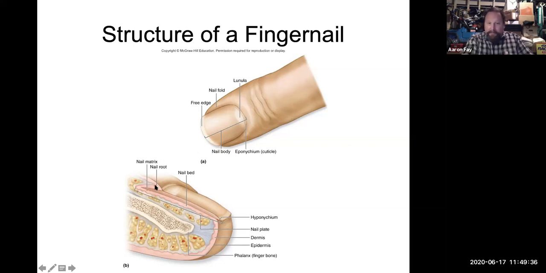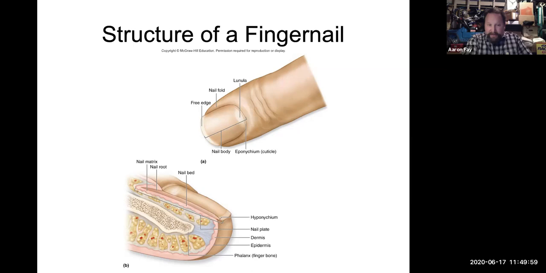So the nail matrix is actually not the nail itself, but it is the epithelial tissue surrounding the nail root, which is creating the nail root. The nail matrix is a thickened part of this epithelium here where the keratinocytes are being crushed together to make the nail root. And the whole thing is extruded.